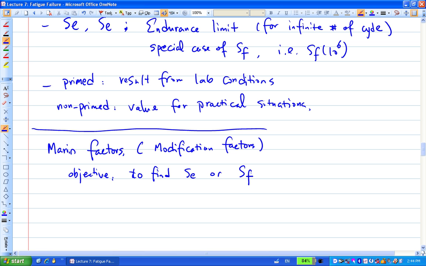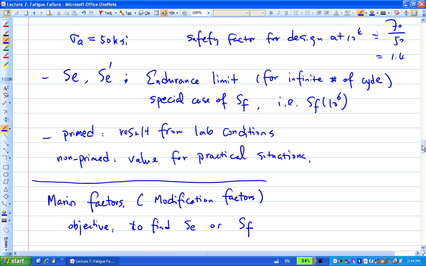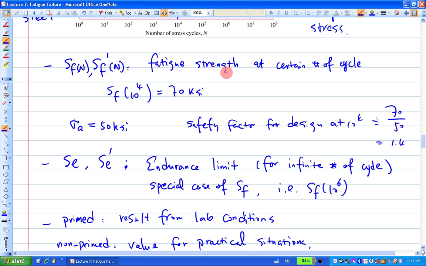Bear in mind what SE is: SE is the endurance limit, and SF is fatigue strength, which is the more general concept. So when do you use SE? When you're designing against 10 to the power 6, or infinite number of cycles. And when do you use SF? That depends on the question. If the question says design parts against 10 to the power 4 or 5 cycles, then that's where you need to use these values here.